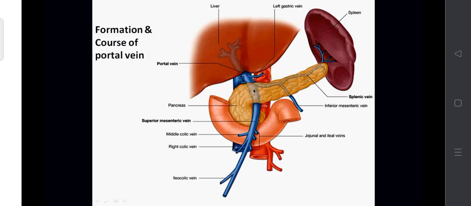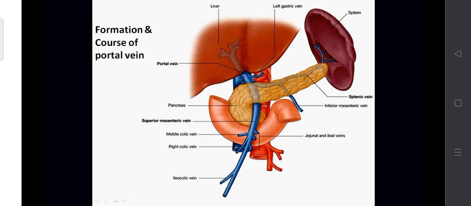Here is the same portal vein formed by the superior mesenteric vein and the splenic vein, part lying posterior to the first part of duodenum, supraduodenal part, and here it divides into the branches.